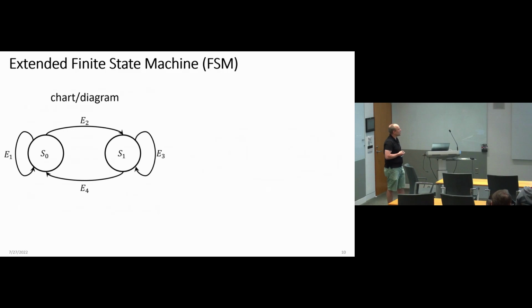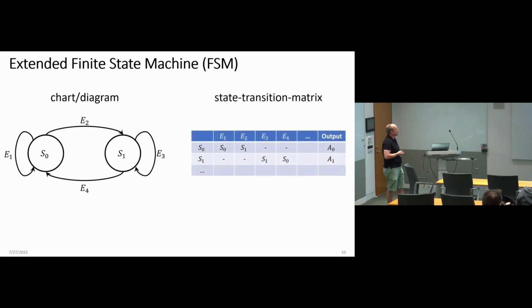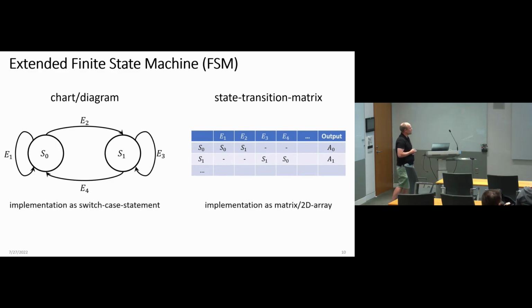There are two ways this can be implemented on hardware. Theoretically, as a direct approach, the state diagram could be implemented as a switch case. It can also be transferred into a state transition matrix, basically a two-dimensional array, where the IDs of the different states are the rows and the events are the columns, and at the intersection of the state we are currently in and an event that can happen, we see which state we transition to.